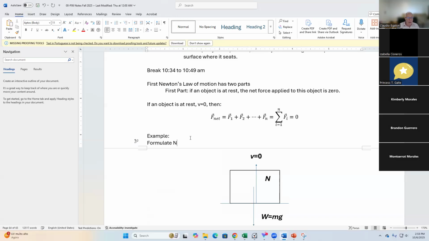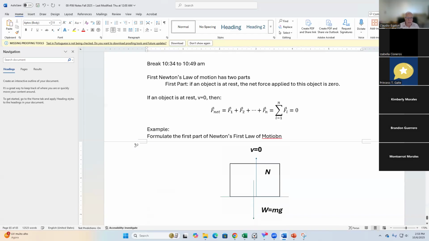Formulate Newton's first law of motion. Formulate the first part of Newton's first law of motion for the case illustrated below.